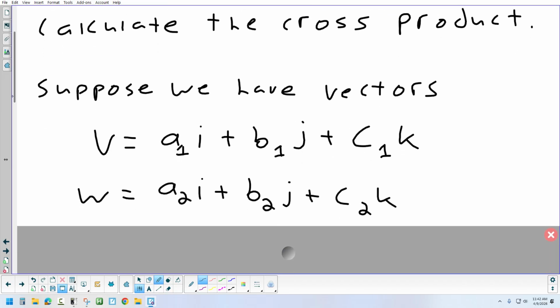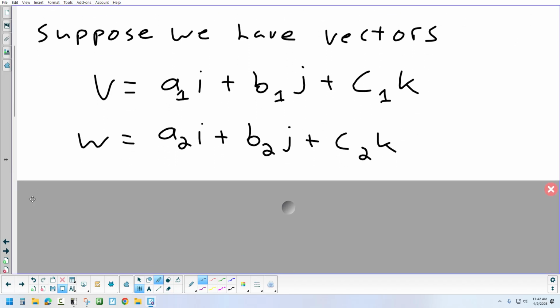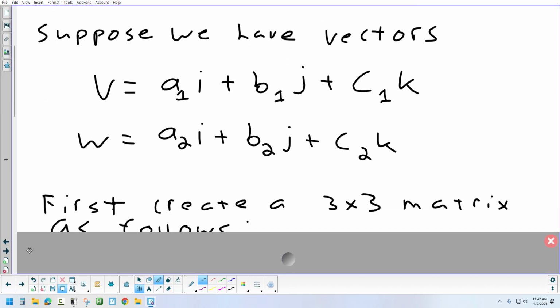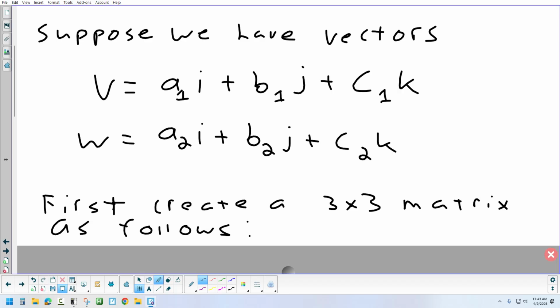You'll be given all 6 of those numbers. So the first thing that we want to do is take all that information and create a matrix out of it. A matrix just means it's a table with rows and columns. We're going to create a table that has 3 rows, 3 columns. It's going to look like that.